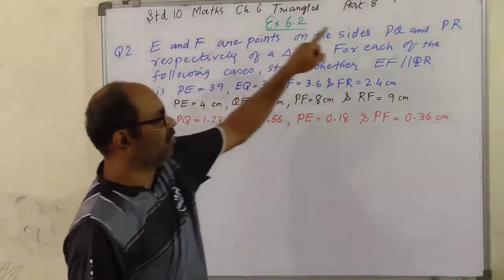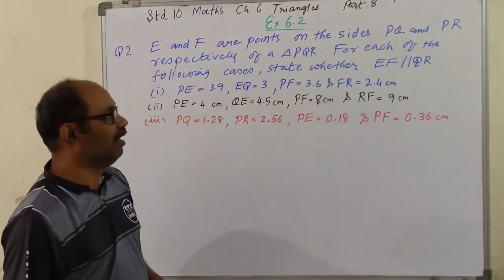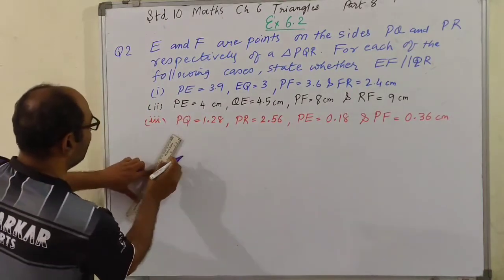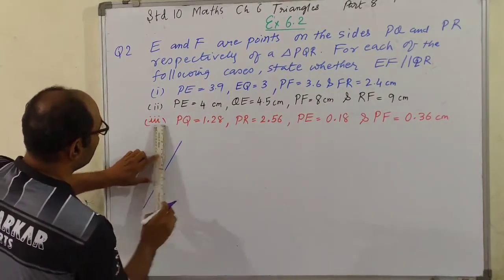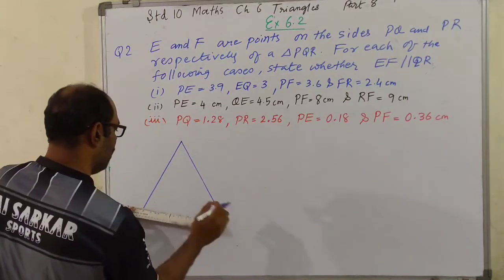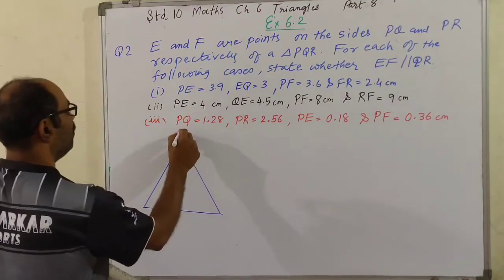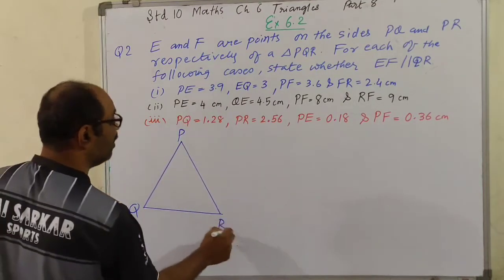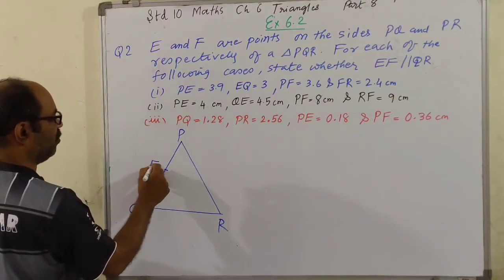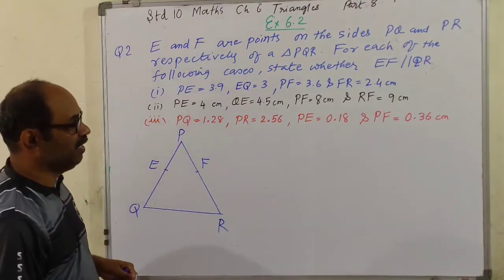That means E is on PQ and F is on PR of triangle PQR. Let's draw the figure. This is triangle PQR. E is a point on PQ and F is a point on PR. Alright?